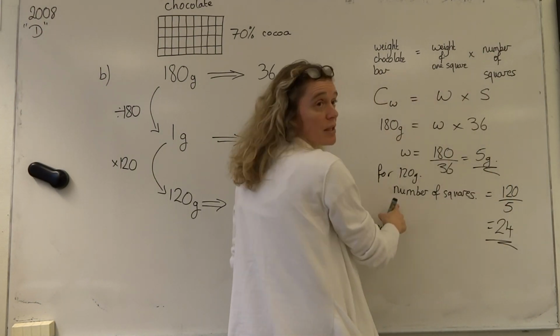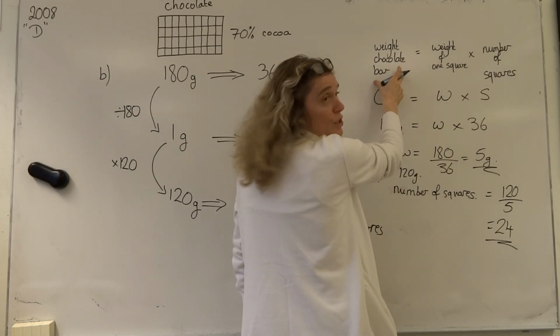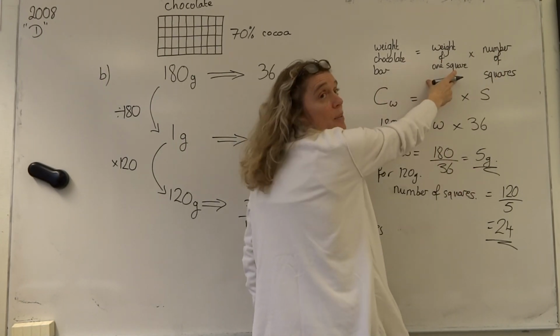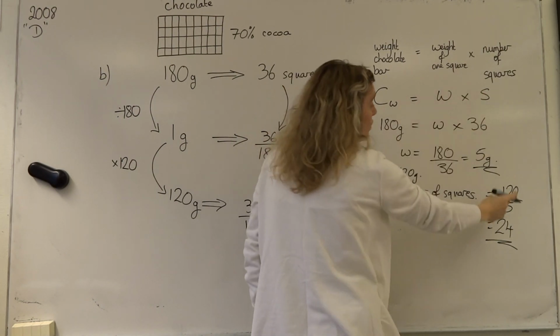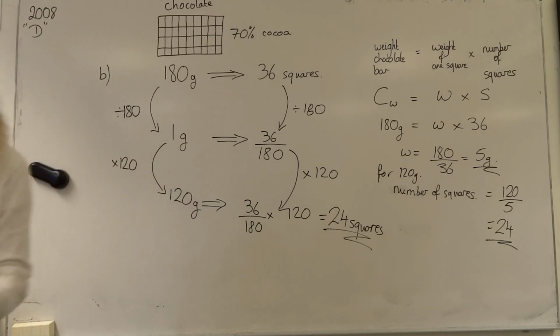So here we're just using this formula: the number of squares is the weight of the chocolate bar, which is now 120, divided by the weight of 1 square, which is 5, giving you 24. So both of the methods give you 24, and they're both equivalent to one another, I would say.